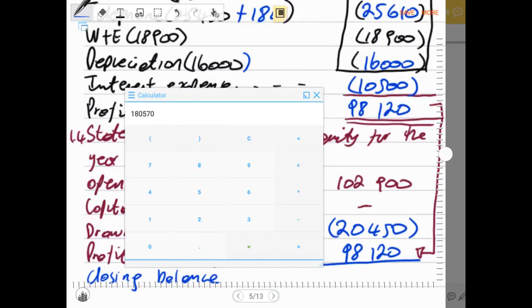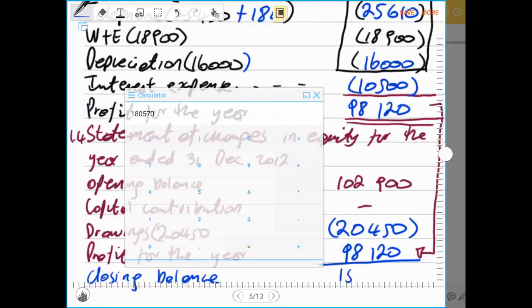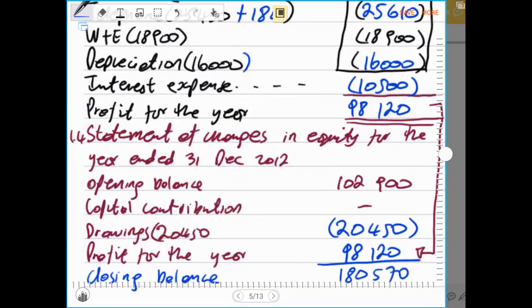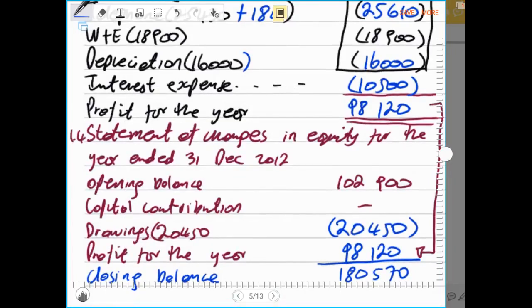That gives us the amount of the statement of changes in equity, 180,570. So that is our balance at the end of the period.